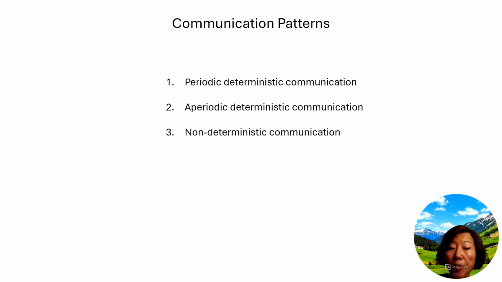To support periodic deterministic communication, 5G systems employ techniques like semi-persistent scheduling, SPS for short, and grant-free uplink transmissions. SPS allows the network to allocate radio resources to a device at regular intervals without the need for explicit scheduling requests, reducing latency and signaling overhead.